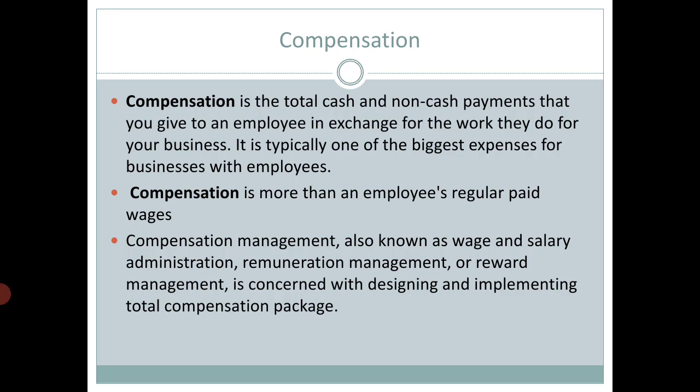So, in addition to the regular payment you make to the employee, you are required to pay some rewards to assure employee satisfaction. If your employee is not satisfied working with you, what will happen?